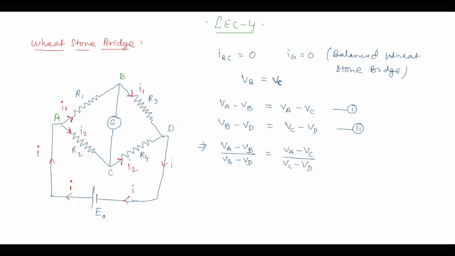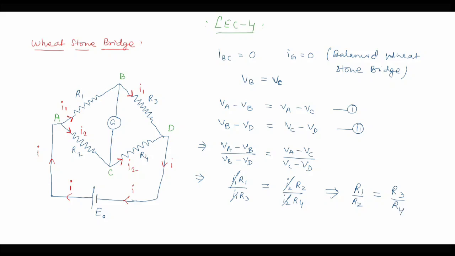And if I put the value of IR in each branch, for VA minus VB we have I1 R1, for VB minus VD we have I1 R3, VA minus VC can be written as I2 R2 and this one as I2 R4. Hence we obtain that for a balanced Wheatstone bridge condition, R1 by R2 is equal to R3 by R4.